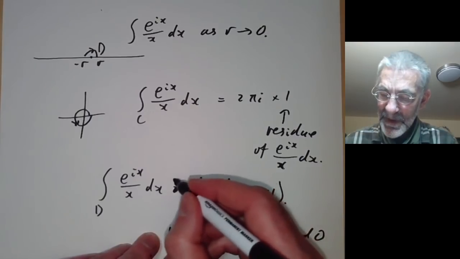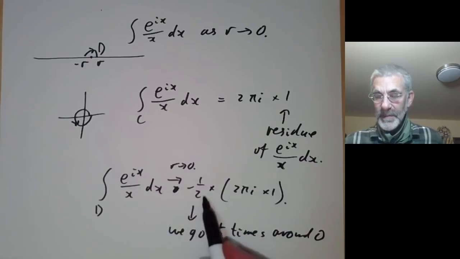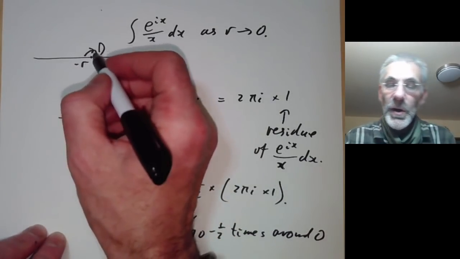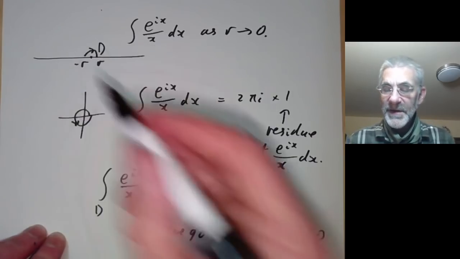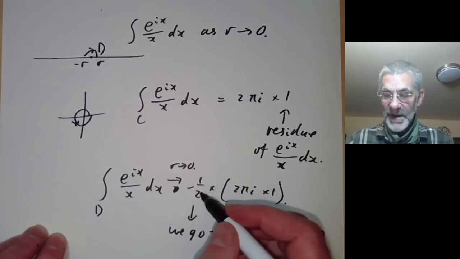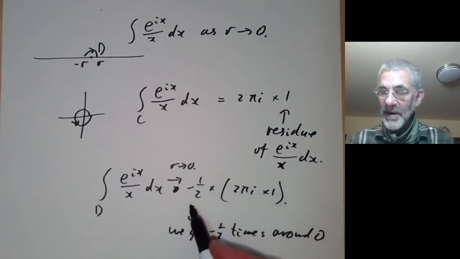Sorry, it's not equal to that. It tends to that as r tends to 0. So you see we're going halfway round this contour, but we're going in a clockwise direction, which counts as being negative. So we're really doing minus a half anti-clockwise revolutions. And I'll explain why you get minus a half there in the next sheet.